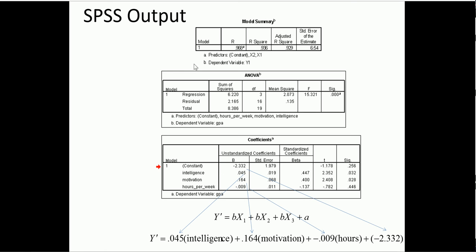We have our ANOVA table, which, you'll recall, tests whether or not your R and your R squared are significantly different from 0. That's the null hypothesis, that they are 0. In this one the F value is quite high and the p-value is rather low.